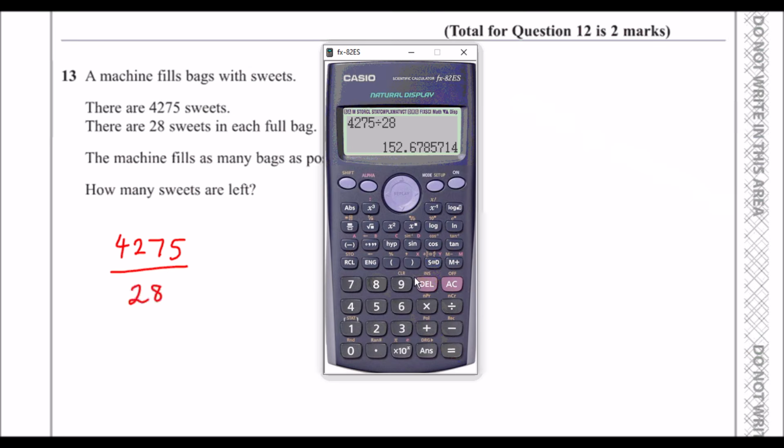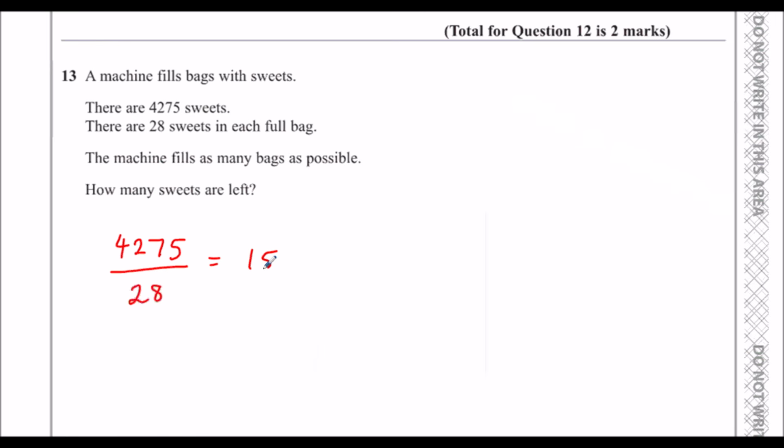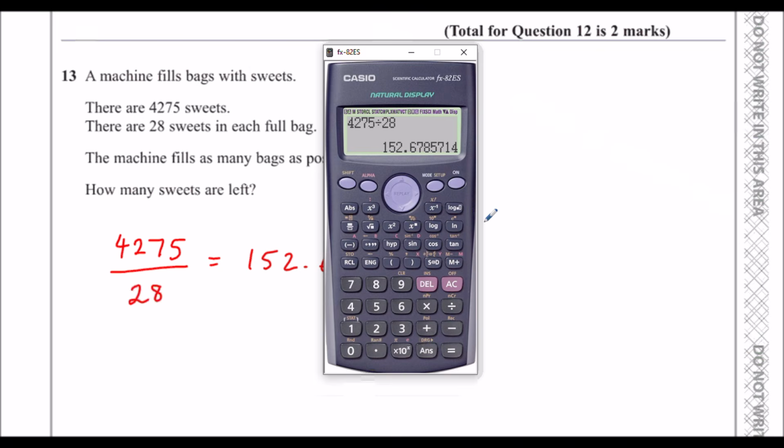So that's 152 full bags. That's 152.67 and so on. So 152 full bags. So as a fraction, it's just 4,275 over 28. I'm actually going to use the calculator here.